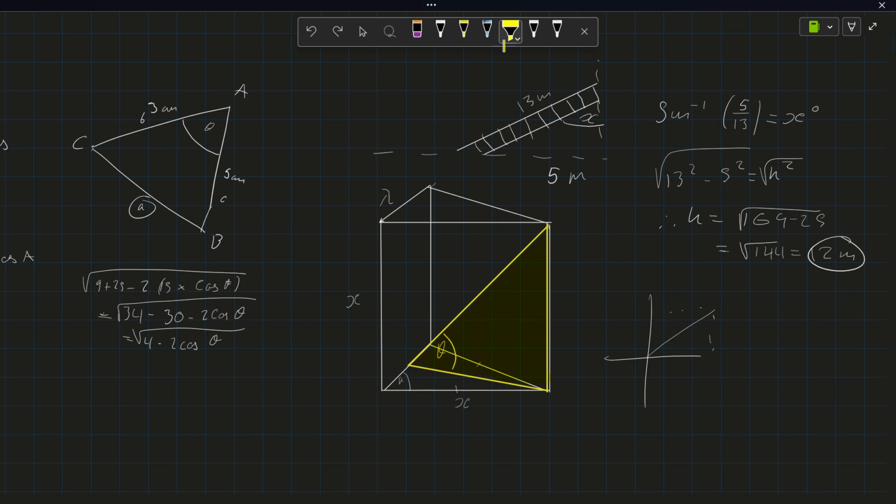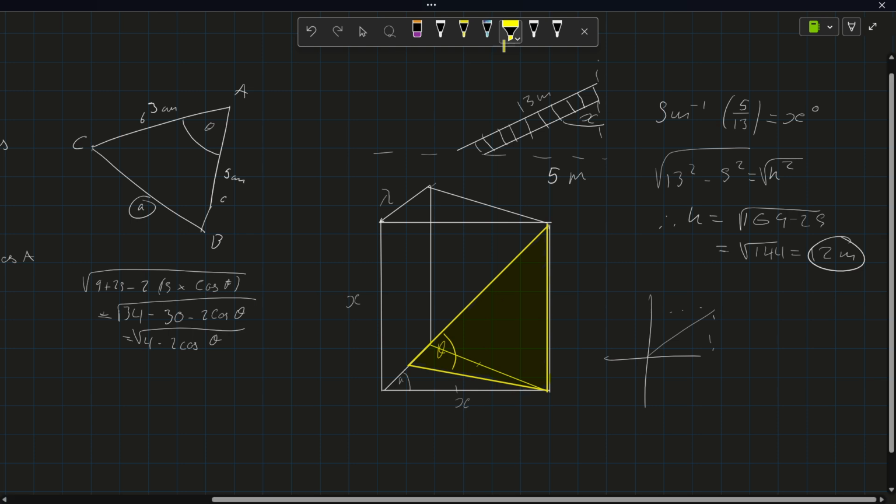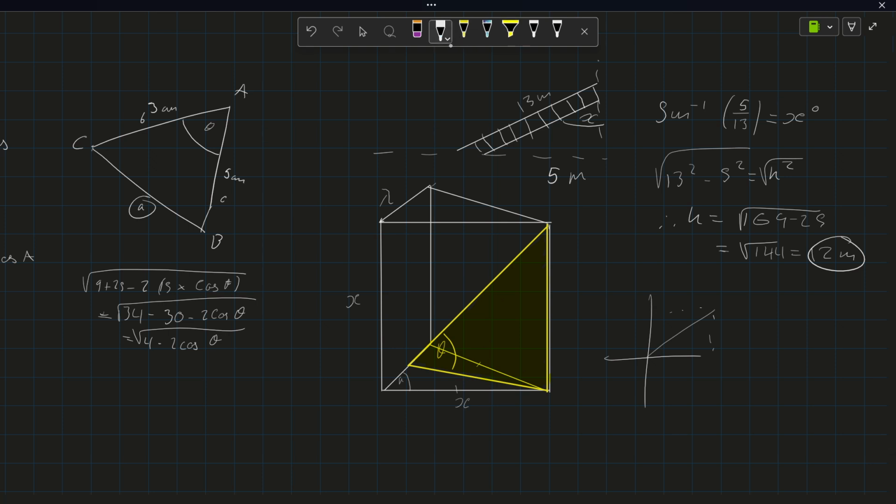Good enough. Okay, we're finding this triangle, obviously. We're going to use an area, so we want the area under the graph. We could just integrate and do it straight away. But if you don't want to, use trig. Where you would use trig, you'd have to do it step by step.